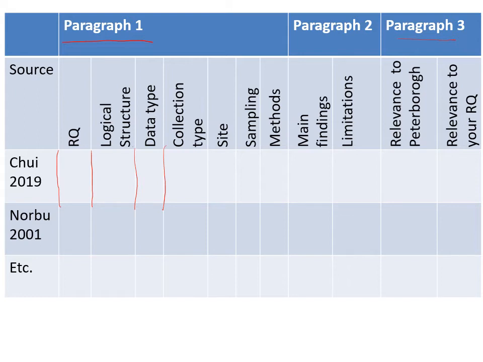But once you populate a table like this, then I would recommend just doing it on paper, just sketch in there briefly your responses. This helps you start to make sense of things, and it makes it easy to compare similarities and differences in your sources, which then can help you find your themes.